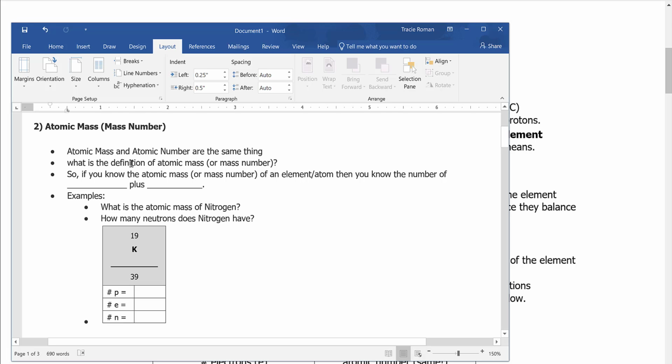What is the definition of atomic mass or mass number? That is the number of protons plus the number of neutrons. And if you know the atomic mass or mass number of an element, then you know the number of protons plus the neutrons.